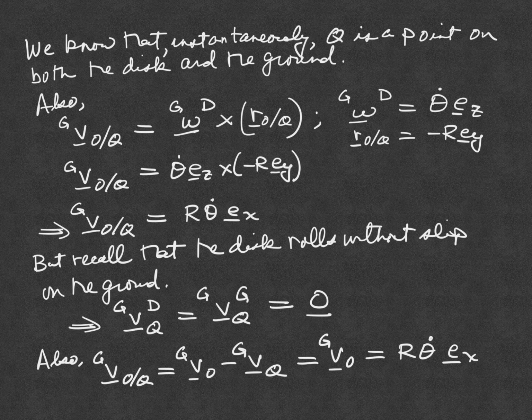So this just gives the velocity of O in G, because Q is the instantaneous point of contact and the disk rolls without slip on the ground. This gives me that the velocity of O in G is equal to R theta dot EX. So that gives me the velocity. Now I have the velocity of point O as viewed by an observer fixed to the ground. The last step now is to compute the acceleration of point O as viewed by an observer fixed to the ground. So let's do that next.